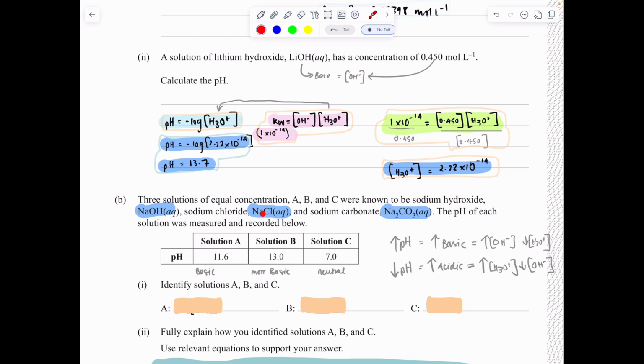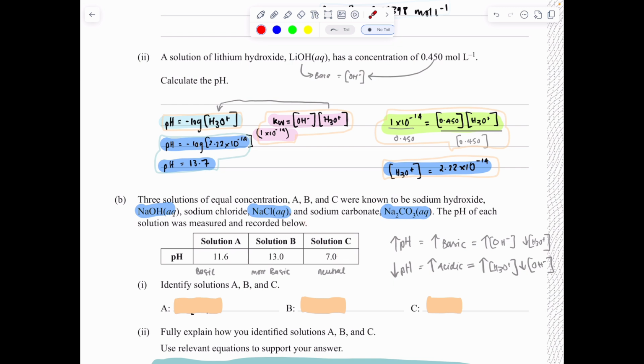If sodium chloride dissociates into its ions, okay, Na and Cl, is Na and Cl acidic or basic as ions? No, neither of them are acidic or basic, so it cannot be solution A. Since sodium and chloride as ions are not acidic or basic, it has to be neutral, which is solution C.